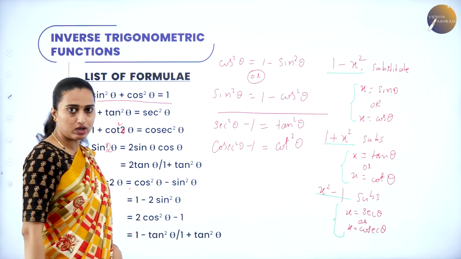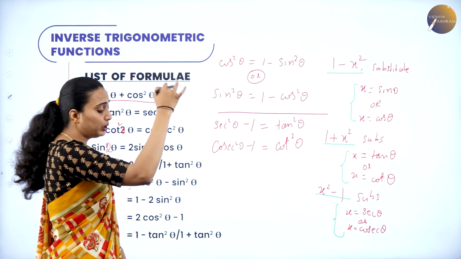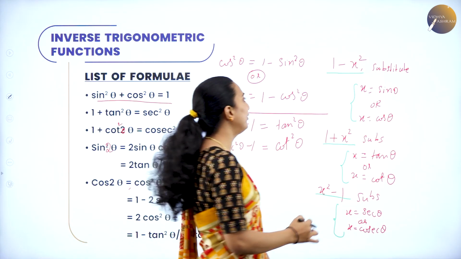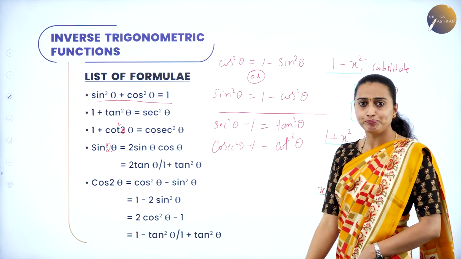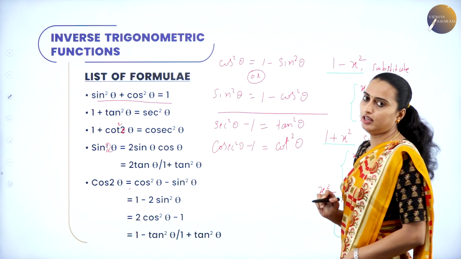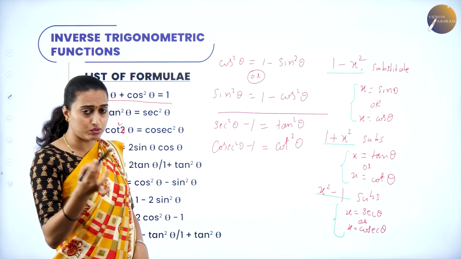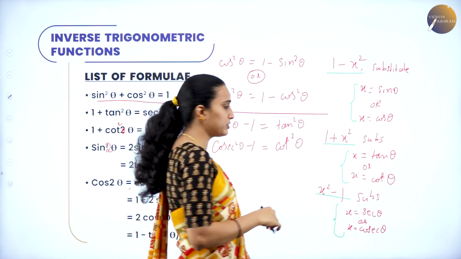Sin squared theta plus cos squared theta is equal to 1. How we are going to represent, or how we are going to substitute in the form of x term. Okay. Now, if you are having, same like here, in place of 1, a or b, some other constant, 2 squared, 4 squared, like that, what are you going to substitute?